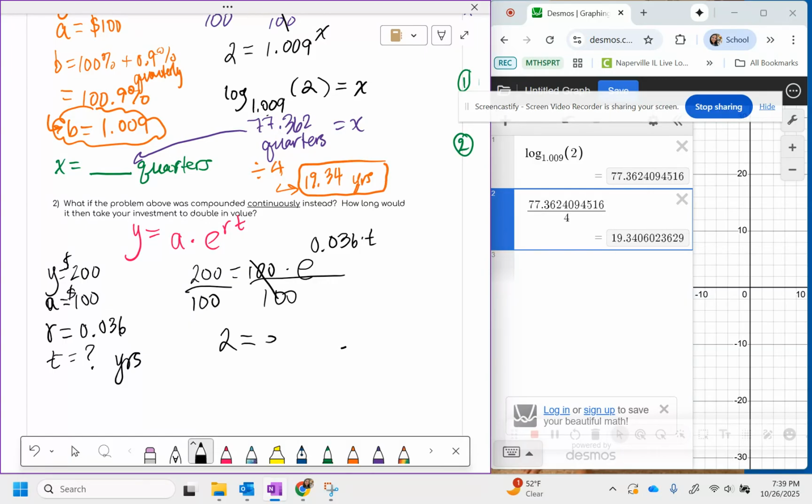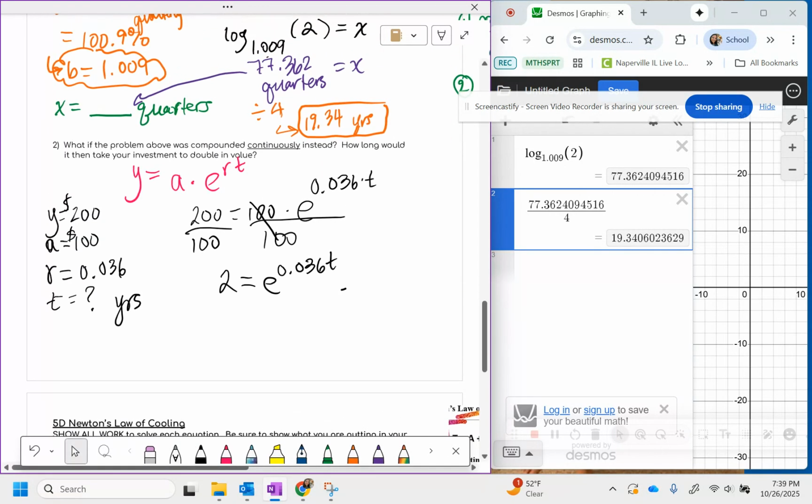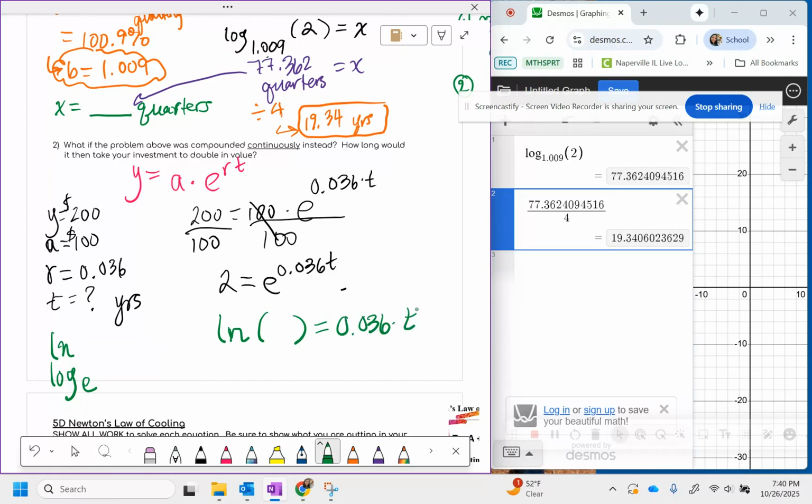So now I will use the natural log, because the natural log, remember, is a log base e. ln is the same as log base e. So I want log base e, which is ln. The exponent goes over on the right side, and then the argument is the 2.